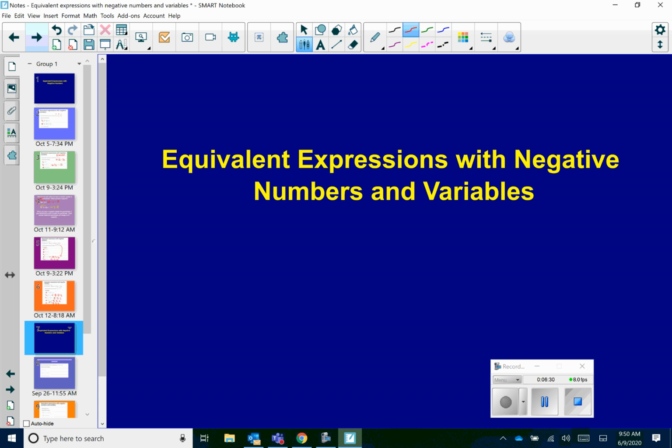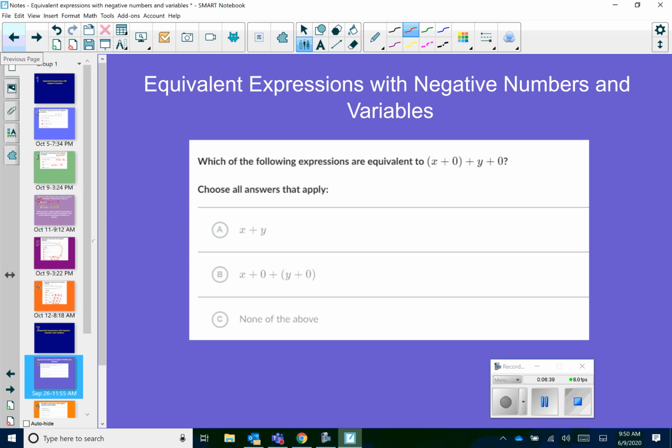All right, the next skill is very similar, except now not only are there negative numbers, but there's also some variables involved. So it says, which of the following expressions are equivalent to, in parentheses, x plus 0 plus y plus 0? Well, think about it. 0 plus 0 is just 0.